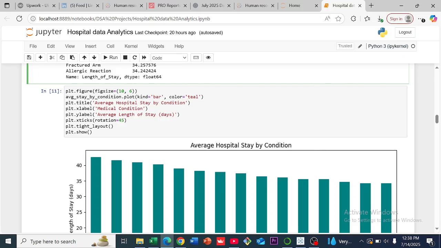Now the next thing I'll be doing is to call the dot plot on our calculation, which I showed you earlier, and specify that I want to create a bar plot, and I'll be specifying the color as teal, which is something like a green color you're mixing here. So the next thing you can do is add the title, your x label, your y label, tick rotation, and ensure you have the plt.tight_layout.